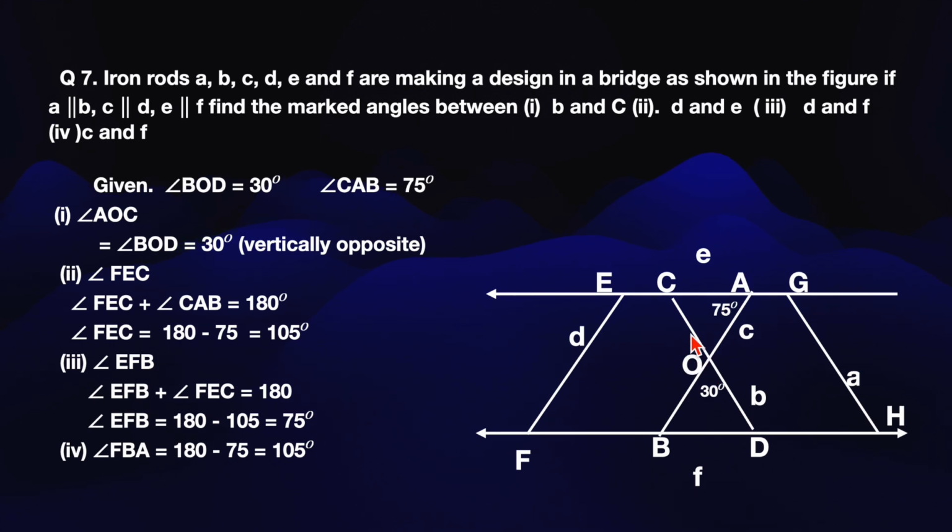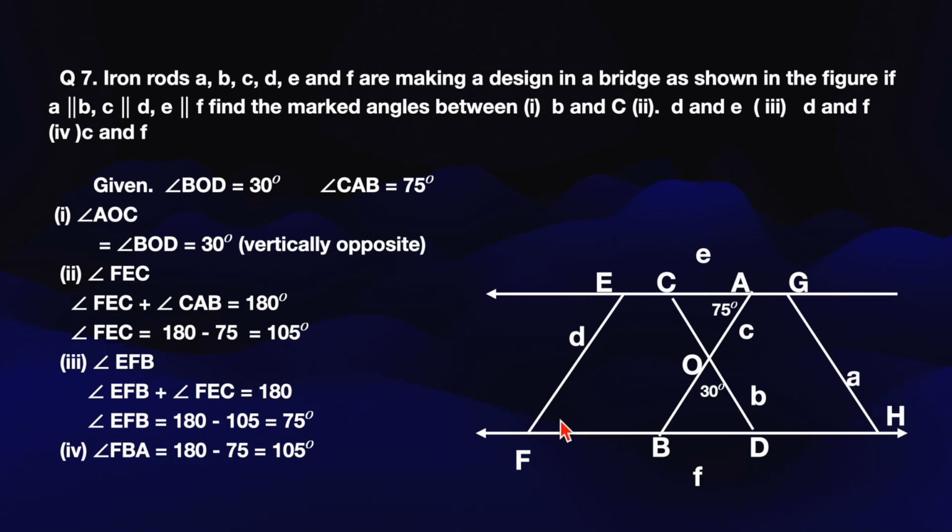These two lines meet at O. This line is E and this line is F. These two are also parallel lines. First, they are asking us to find angle AOC. You can see it is vertically opposite to BOD, which is 30 degrees. So this angle AOC is equal to 30 degrees.